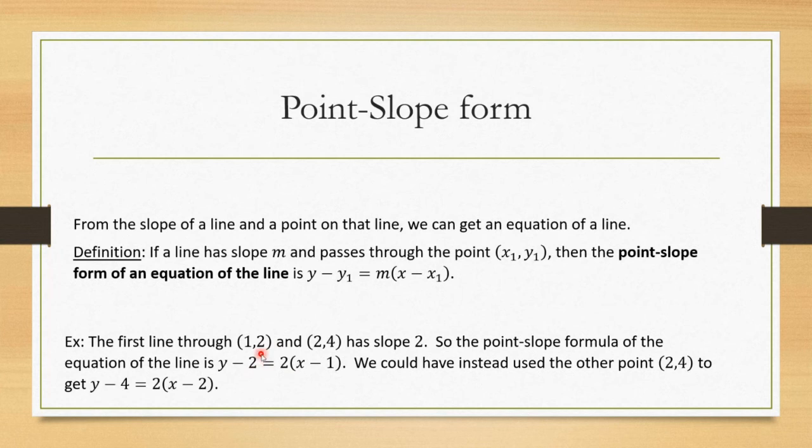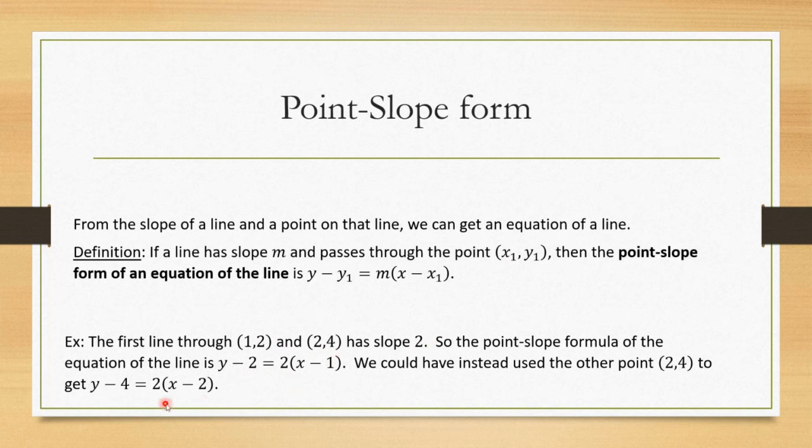Now, do we have to use this point? Well, you can see from what I wrote, no. We can use any point on that line. I never said this x coordinate has to be 1. It could be any point on that line. So if I were to use the point 2, 4 instead, it's the same line, so the slope is the same.